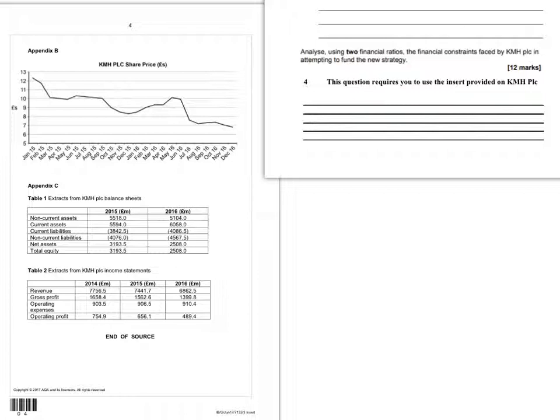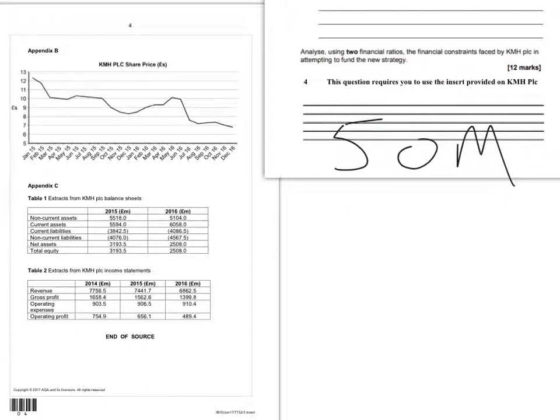I've provided 2, which is what the question asked for, but there are other financial ratios you could use. Remember, it's 50 million. So we've considered the bank, we've considered retained profits.